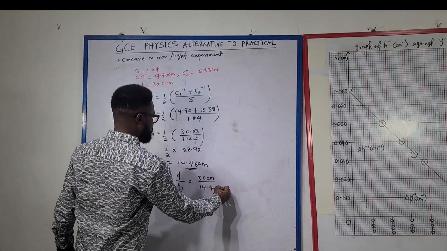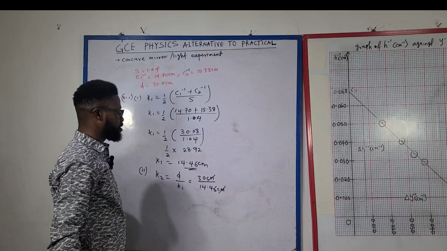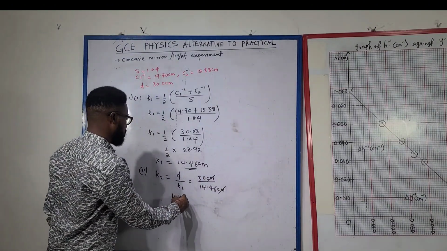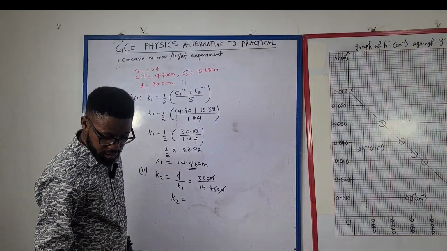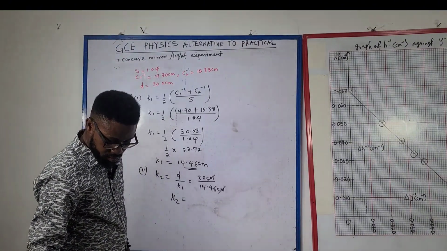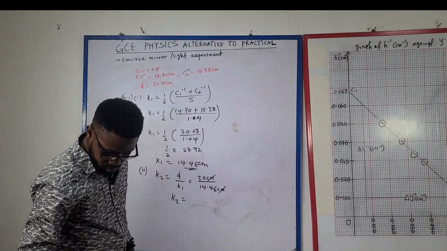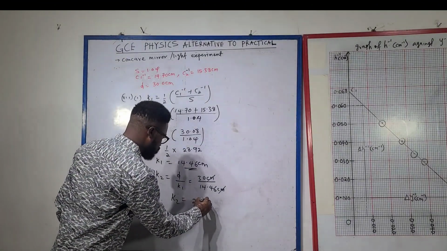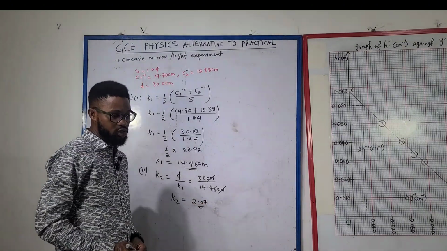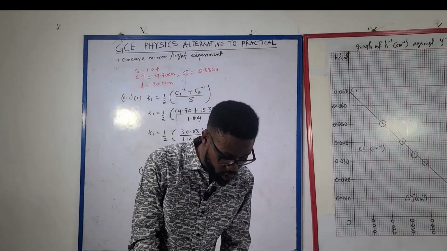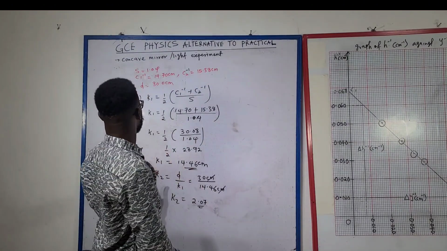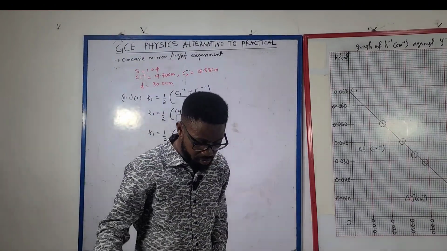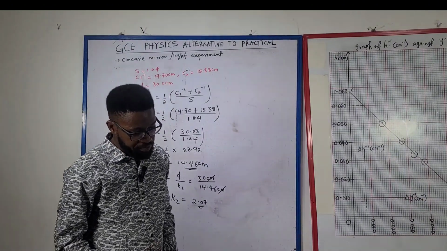This is also in centimeters. Centimeters takes out centimeters. 30 divided by 14.46 is 2.07. That is what my K2 is. And that way, we've been able to deal with question 7, Roman figure 1 and Roman figure 2.